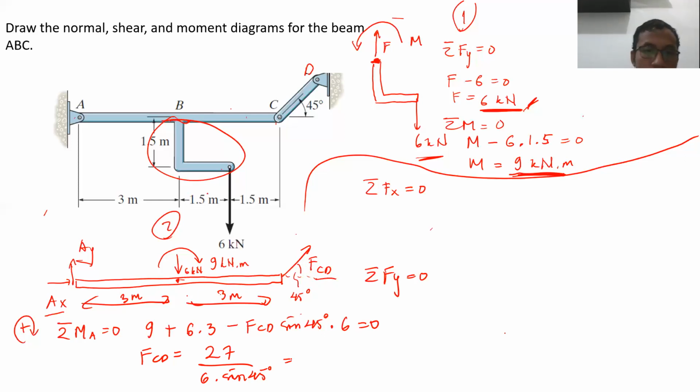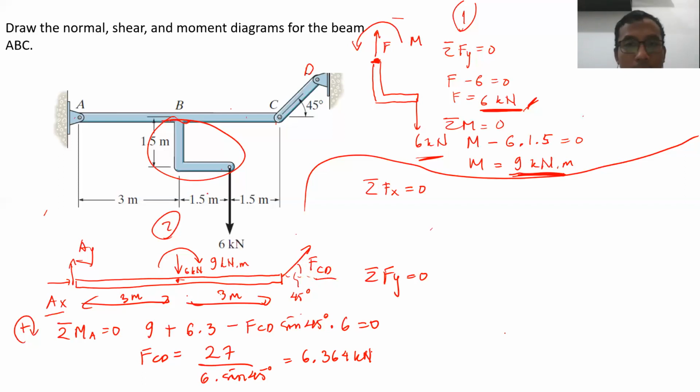The value is 27 divided by 6 is 4.5, then divided by sin 45. What I will get there is 6.364 kilonewton.